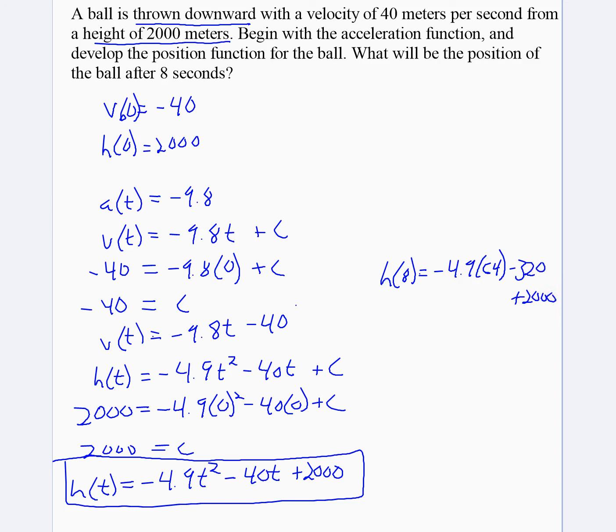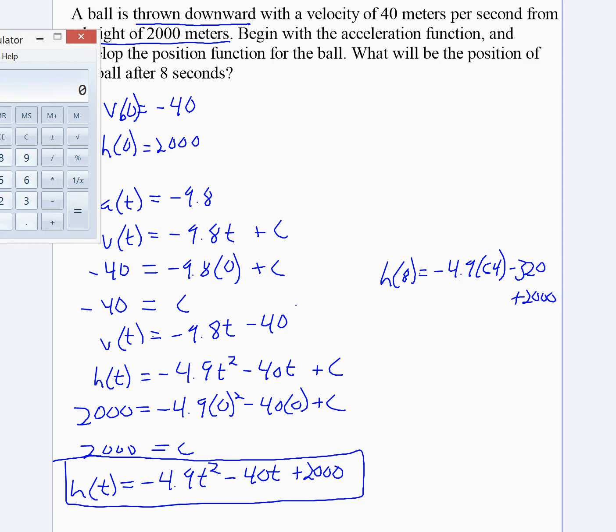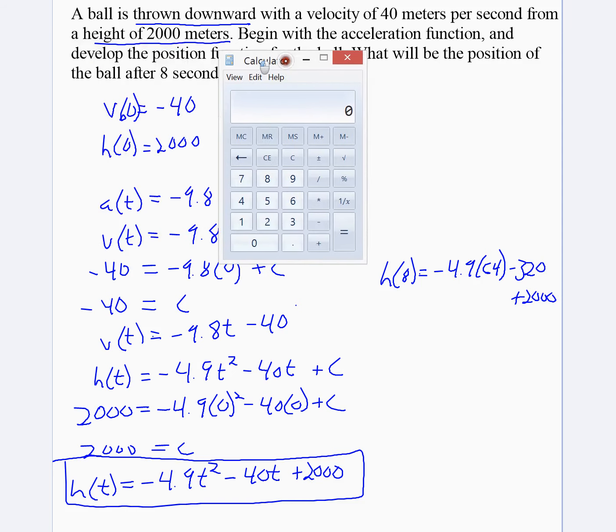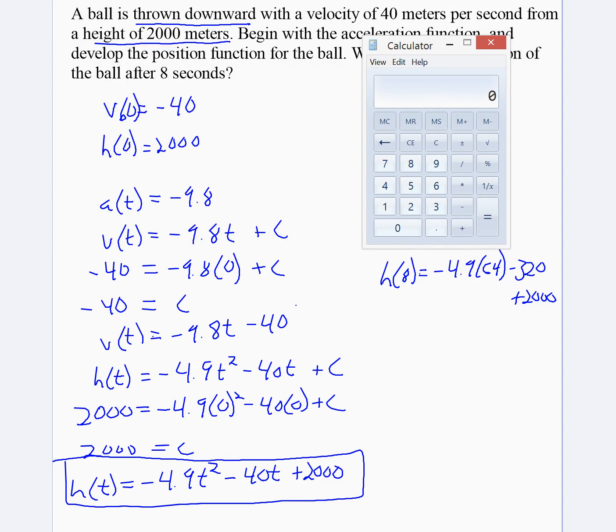So let's go ahead and calculate this. We need negative 4.9, and we're going to multiply that by 64, which is negative 313.6.